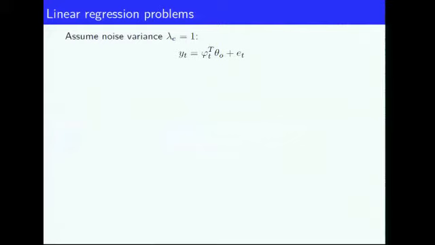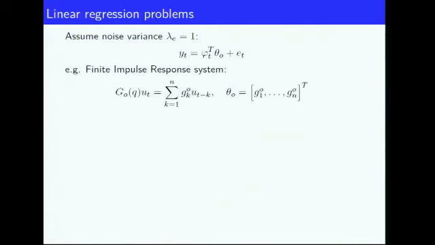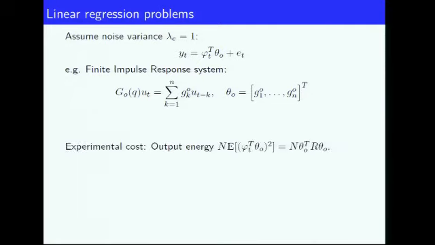So this is the system we will look at. It doesn't look so complex, but of course there can be many parameters. So that's the complexity that enters into this problem here. For example, the system could be a finite impulse response type. A system of this type where n is finite can be written in this linear regression form, where the regression vector consists of lagged inputs, delayed inputs.